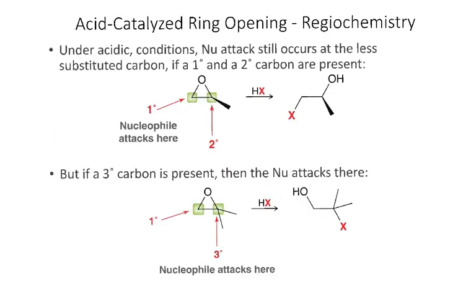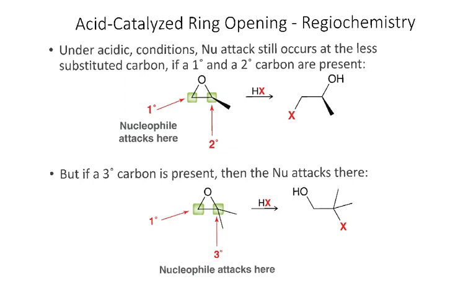Now, there's one big difference between the regiochemistry of the reactions with the strong nucleophiles that we looked at first and these acid-catalyzed ring opening reactions. So as long as we have primary or secondary sites that can be attacked, what we would expect for an SN2 reaction is the same.